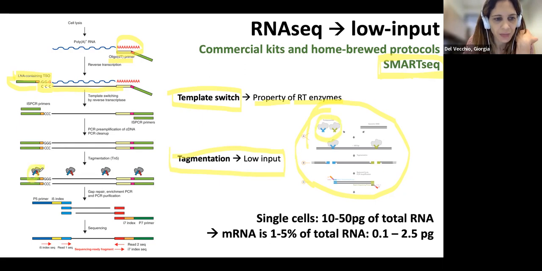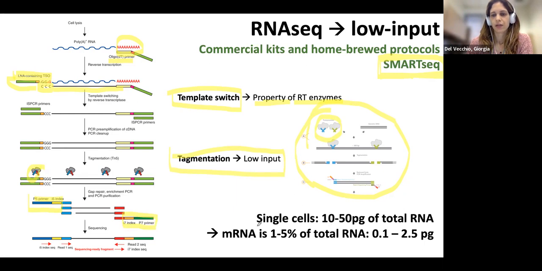During the fragmentation, they cut and add the adapter at the same time. So in one single step, we have fragmentation and adapter ligation, okay? And finally, thanks to the PCR, we are going to add the P5 and index and P7 and index information.